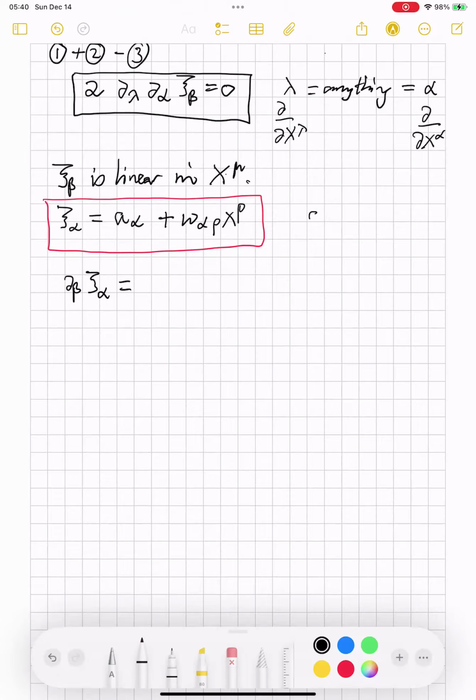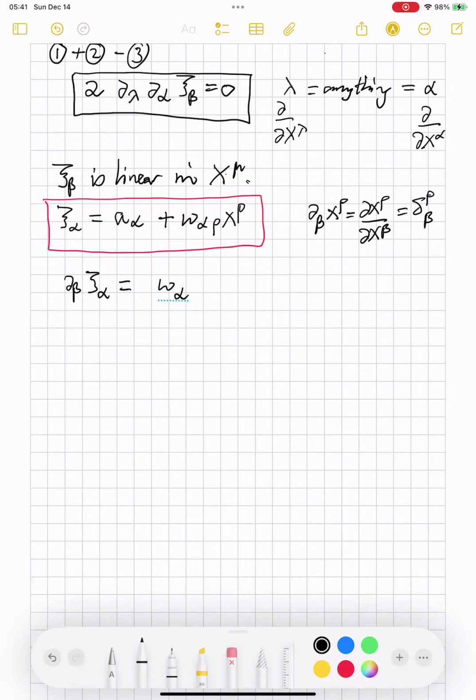And I'm going to use the fact that d beta on x rho, well, what is this? This is dx rho over dx beta, and you know that this is going to be 1 if rho is equal to beta, otherwise it'll be 0. So I'll just get a Kronecker delta. So if I differentiate d beta on zeta alpha, acting on the A, I just get a 0, so I don't have to worry about that term. Then I'll get an omega alpha, and I'll have a delta rho beta.